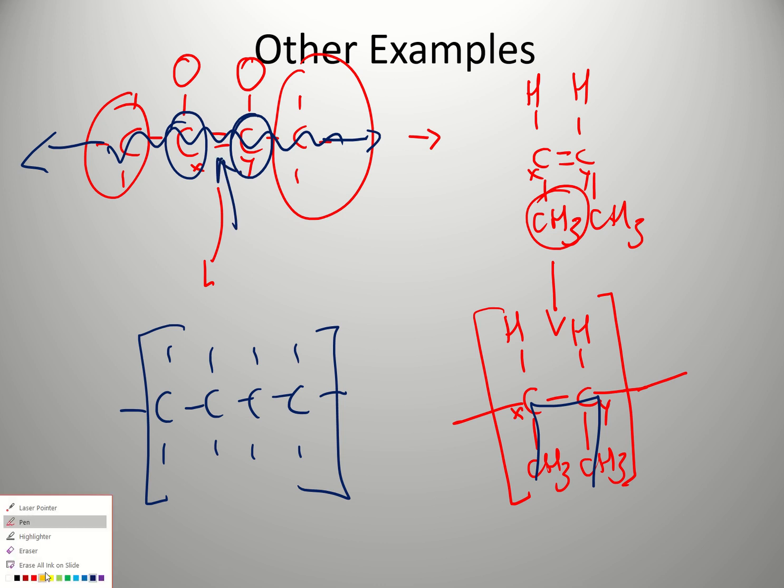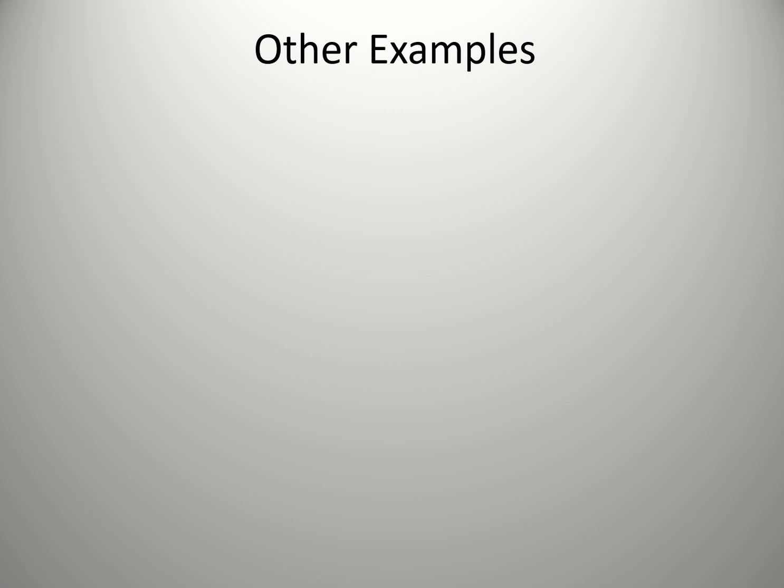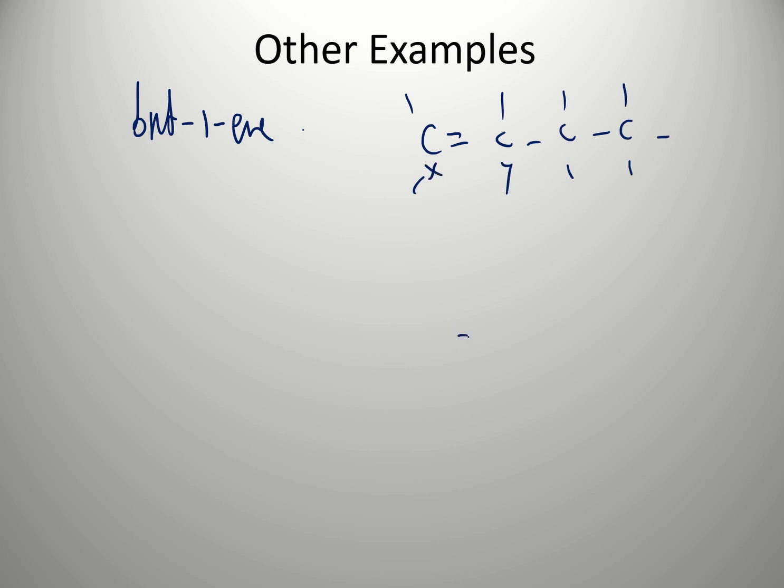So I'm going to put a couple on here for you, and you can have a go at them. You could do but-1-ene, so maybe pause the video and see if you can work out the repeating unit for but-1-ene. Okay, so there's your X and Y this time.